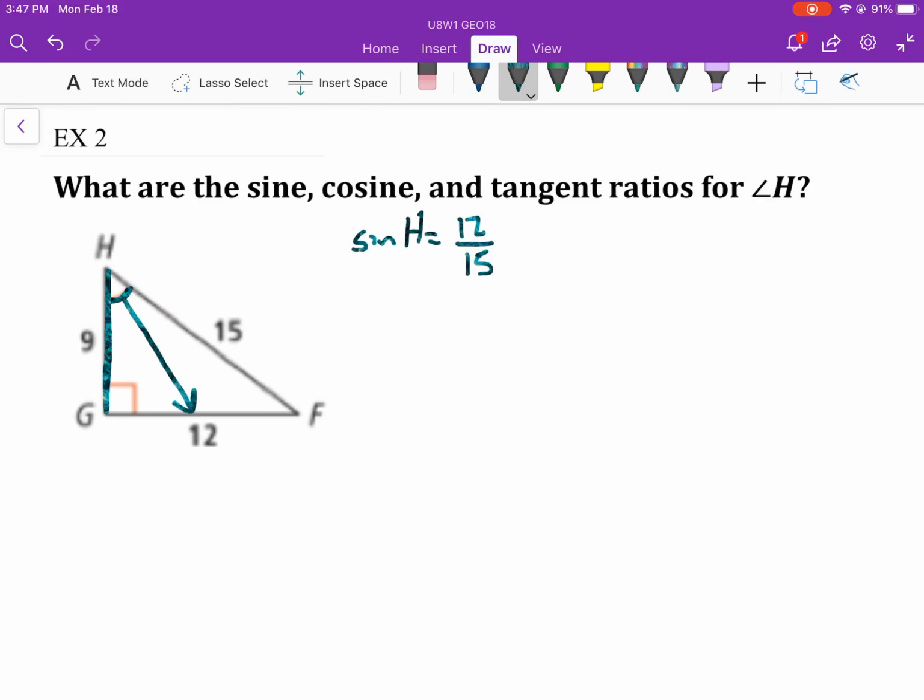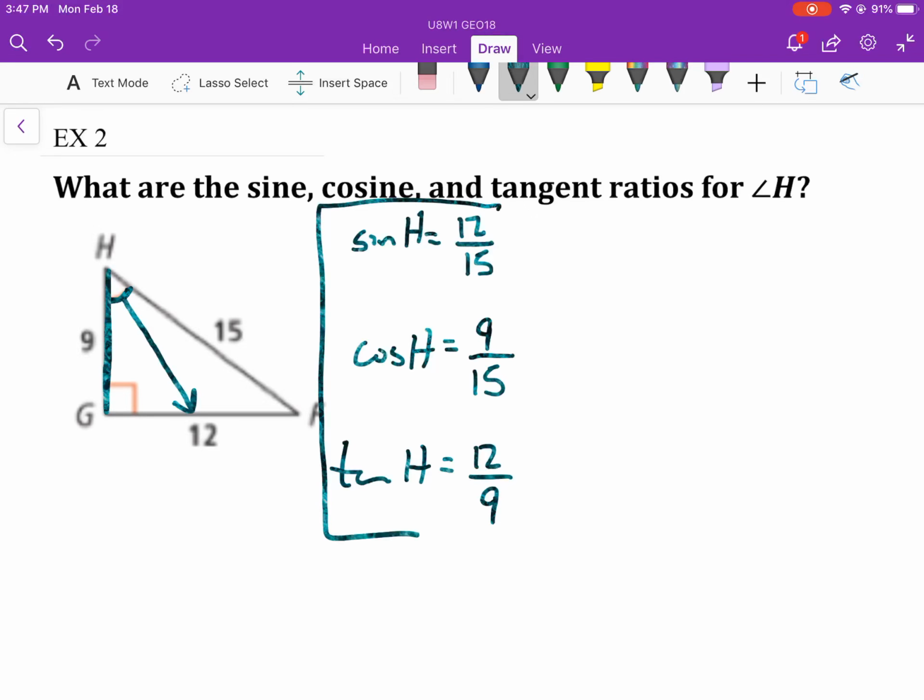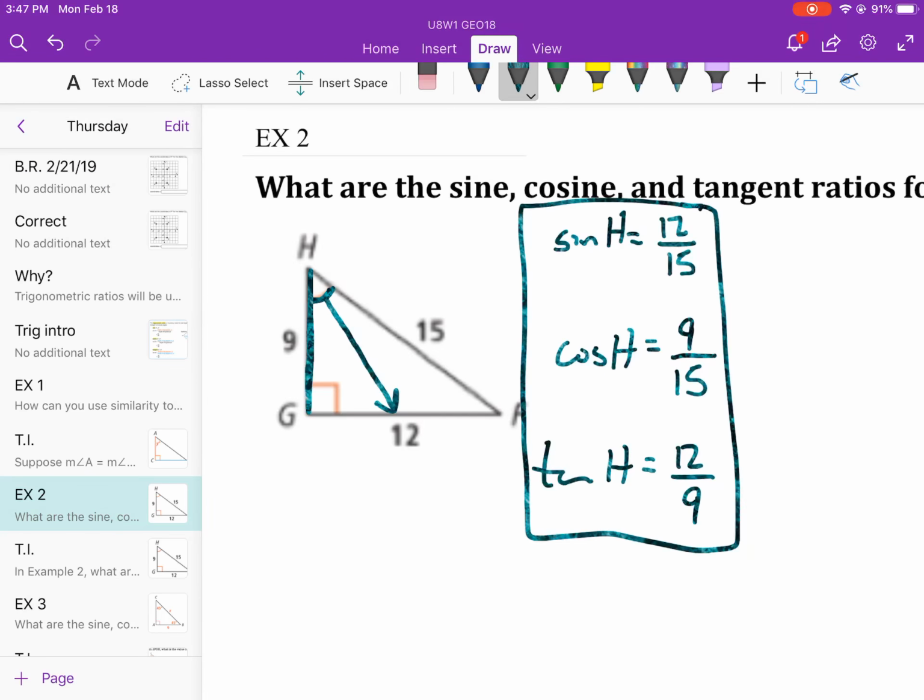Sine of h. Cosine of h is equal to adjacent over hypotenuse, and tangent h is equal to opposite over adjacent, 9. And that's all you gotta do. You just gotta label those sides, label those ratios.